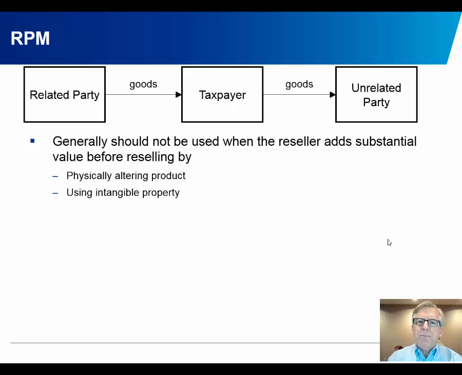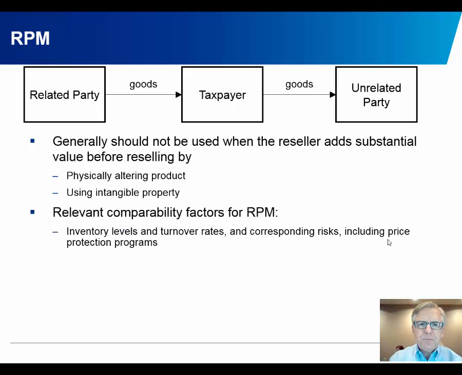In other words, they might be buying, say, clothing, but they own the brand name and they sew their labels into the clothing, and then it gets sold at a brand that somebody's going to recognize and get a substantial markup as a result. So that would be a situation in which the resale price method may not work well. Right? So we want to have it where they're not really adding a lot of value except the actual distribution of the good to the unrelated parties.